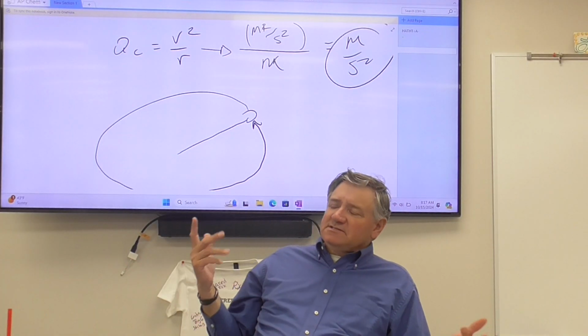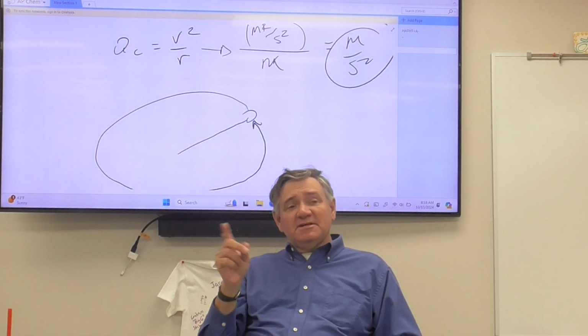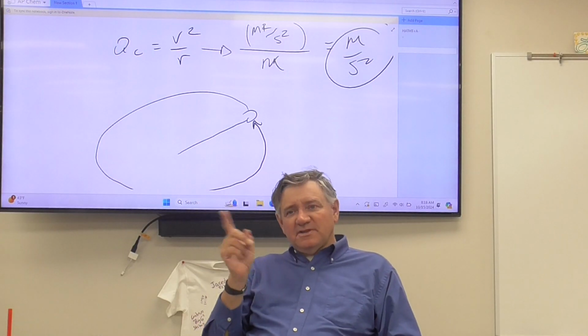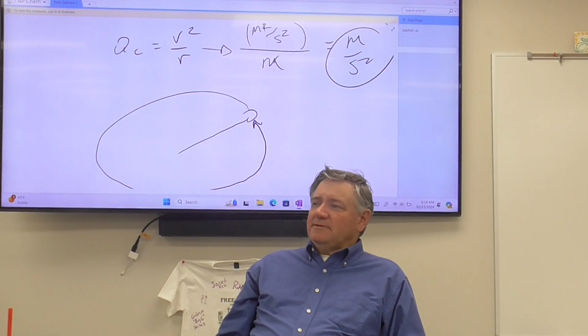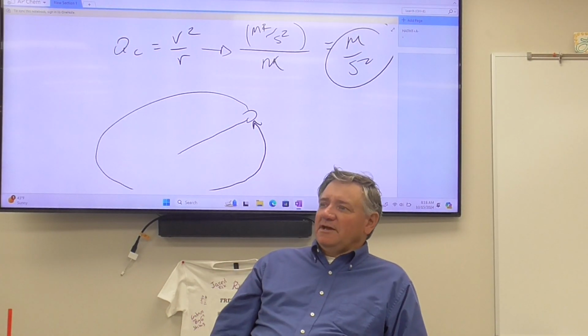Mother Nature doesn't go, wow, I like circles. Because if Mother Nature liked circles, I could let go of that string and it would keep circling. It would just stay in orbit around me.